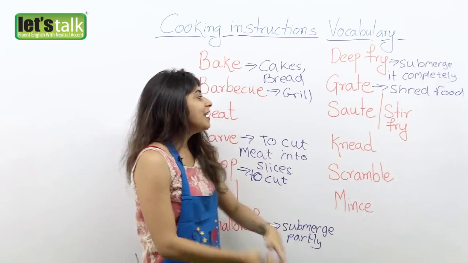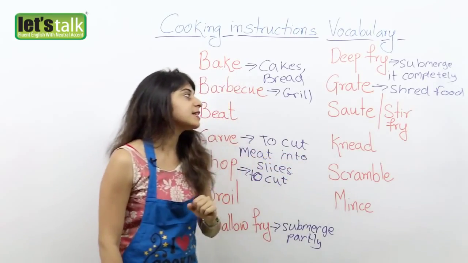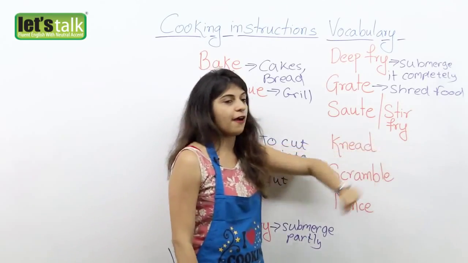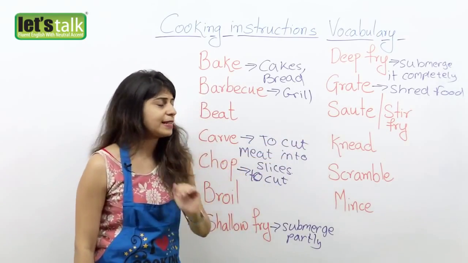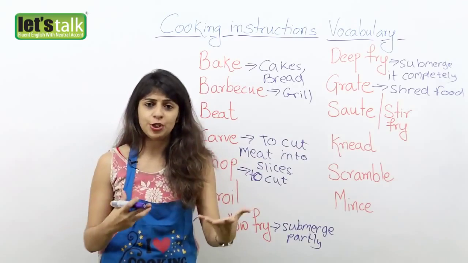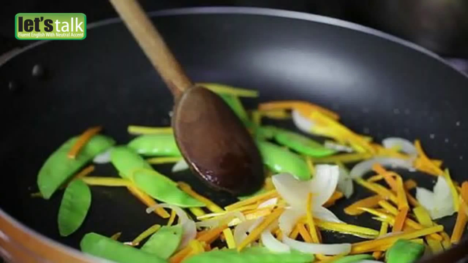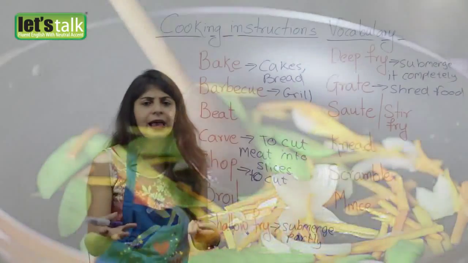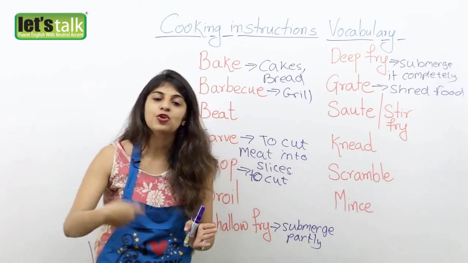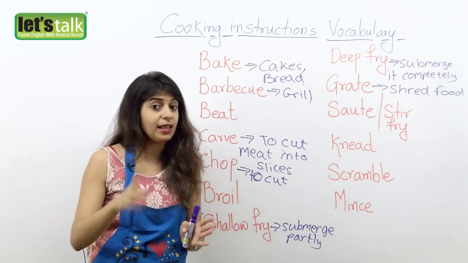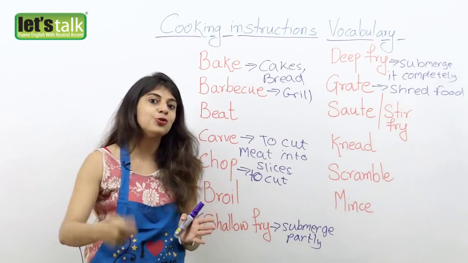That's the meaning. Now, the next one here is saute or stir fry. Saute or stir fry means you put your veggies or probably meat in a hot pan, where you add a little oil also to it, and you saute the veggies or the meat quickly. That's on heat of course, but you do that quickly.